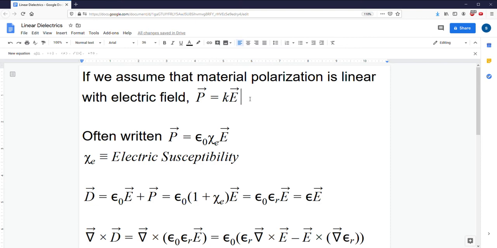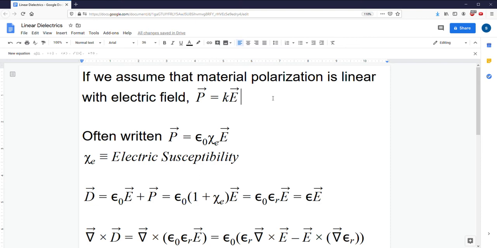But we are not going to get into that in this class. So for today's lecture, we are going to assume that materials follow a linear polarization model, where the polarization of the material is equal to some constant times the electric field. This K is just a generic constant. It's not the Coulomb constant or any other named constant.